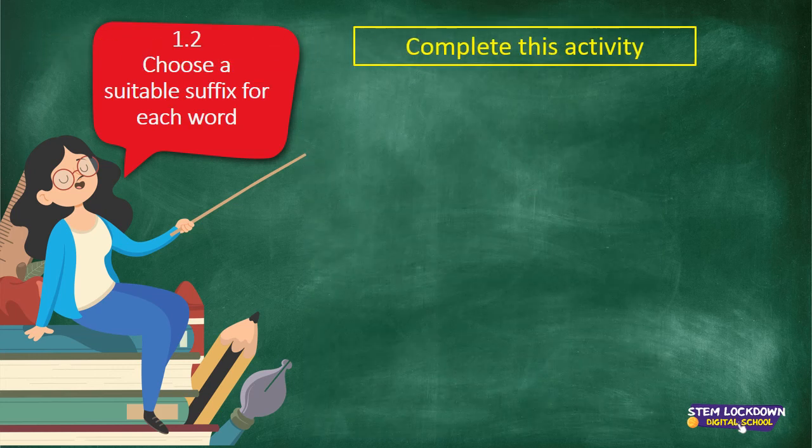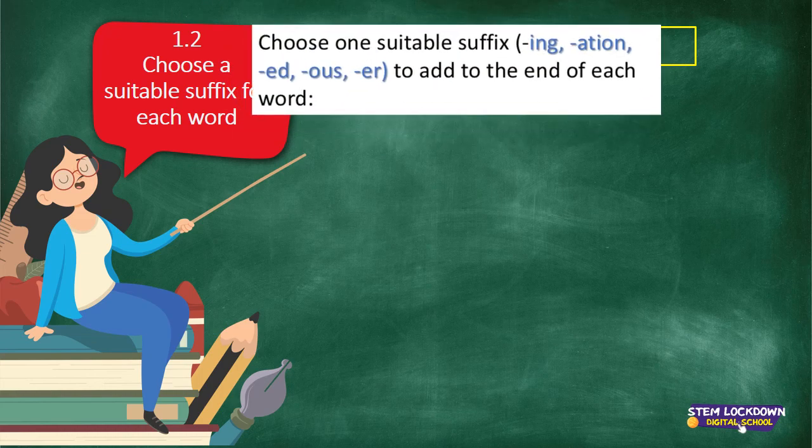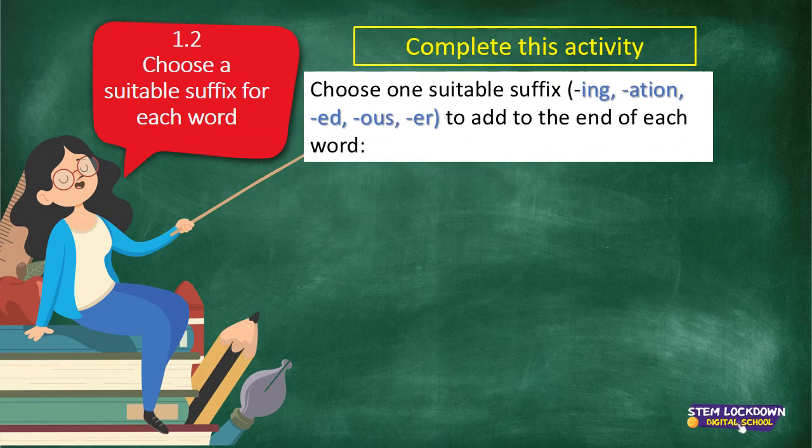Let's do a practice activity. What I want you to do is to choose a suitable suffix such as ing, ation, ed, ous, to add to the end of each of the following words. Now you'll notice that those suffixes all start with a vowel. So you know that you're going to have to double the L if you add one of those onto it.